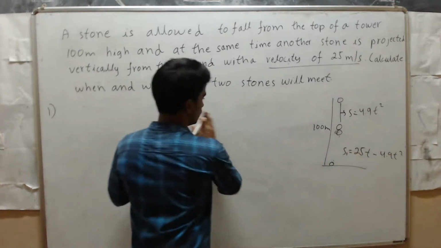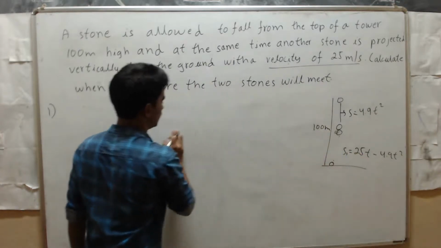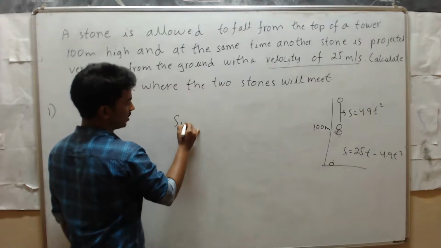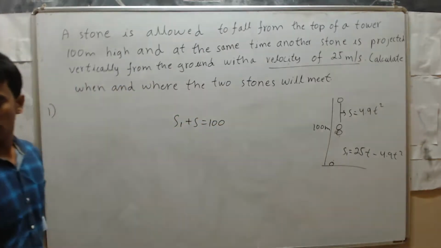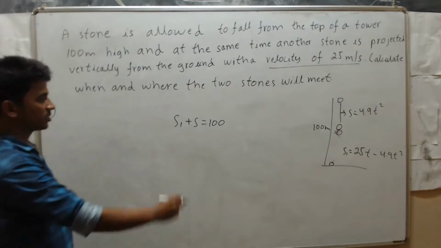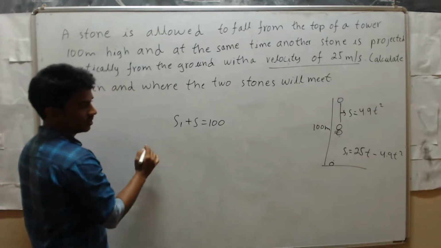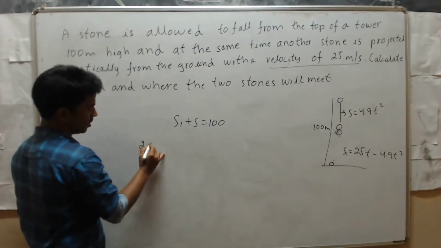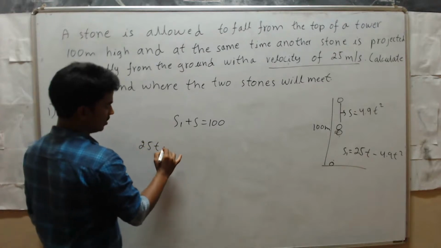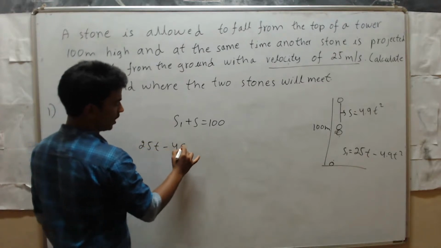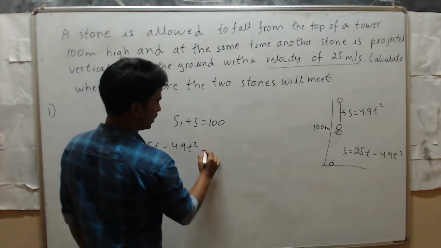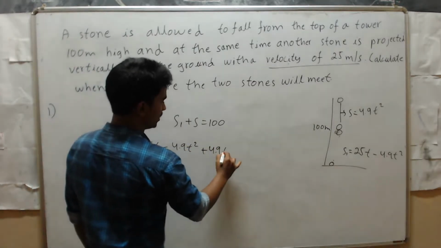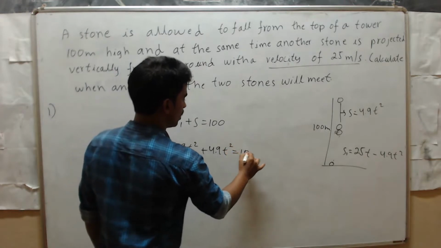So the distance is 100 meter, so we can write s1 plus s is equal to 100. Next, what is s1? Substitute here: 25t minus 4.9 t square, and here plus 4.9 t square equal to 100.